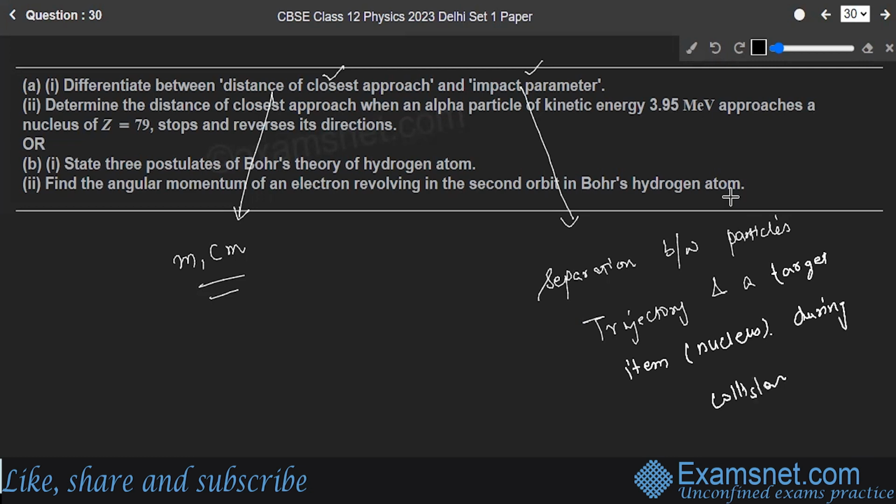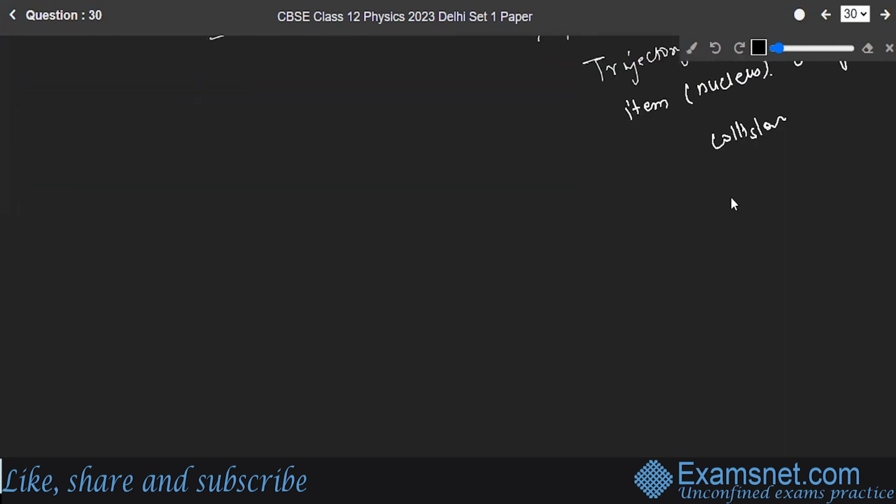The perpendicular distance between the particle's original trajectory and the target object's center is what is meant by this term. The impact parameter, which is crucial for understanding the collision's dynamics, is often given in terms of distance such as meters and millimeters. So this is the answer to the first question.